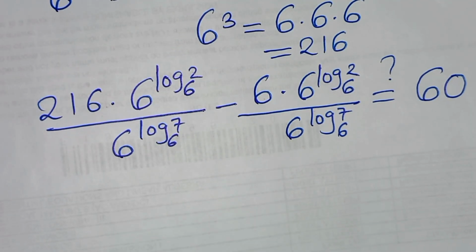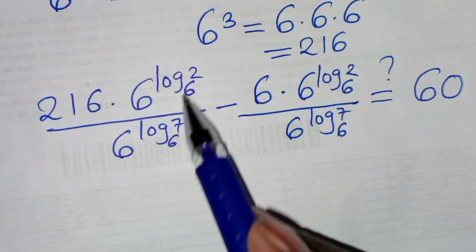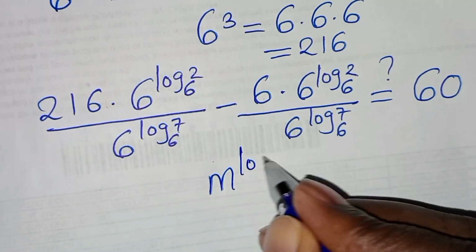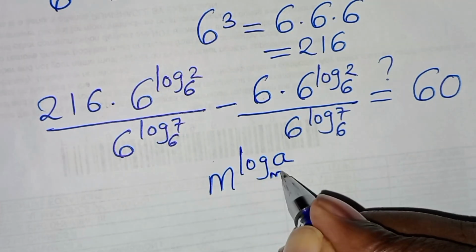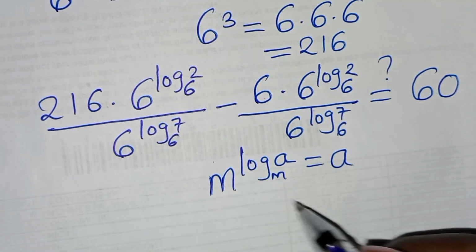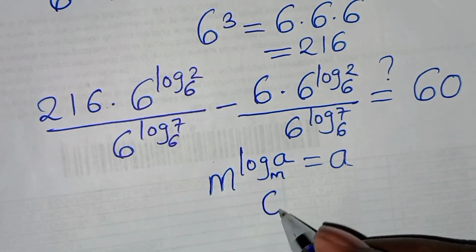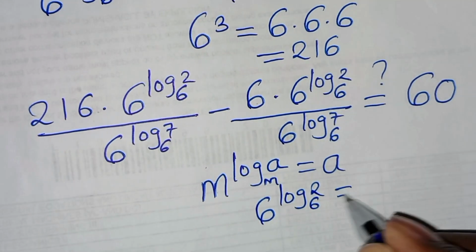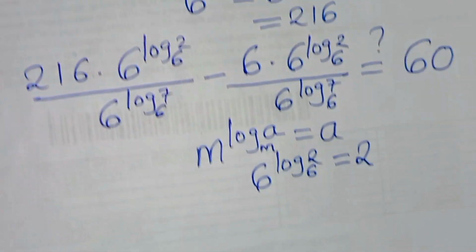Now, the next step is that 6 to power log 2 to base 6 and 6 to power log 7 to base 6 is actually in the form of m to power log a to base m, which is equal to a. Applying this logarithm property, then you find that 6 to power log 2 to base 6 is supposed to give us a value of 2.